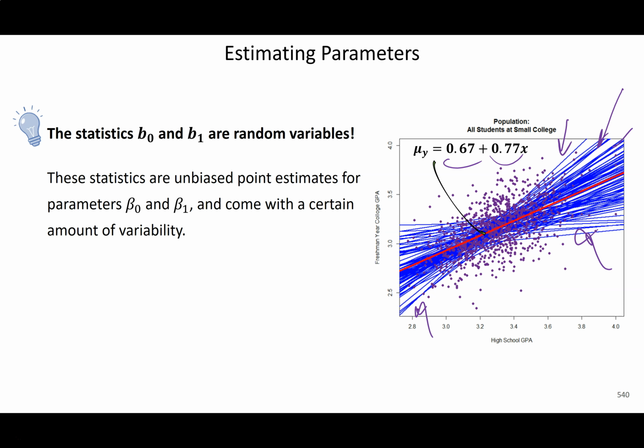We do know, though, that these estimates we calculate with our sample data are unbiased point estimates for the population y-intercept and population slope. So on average, if I were to take all samples of 10 and calculate all the least squares regression lines, I'm hitting 0.67 for the y-intercept and 0.77 for the slope.